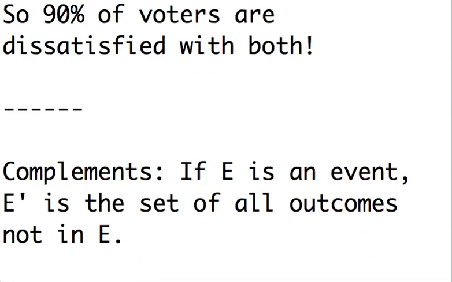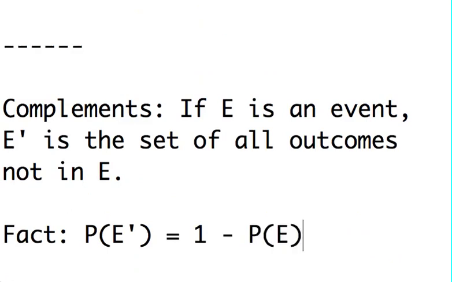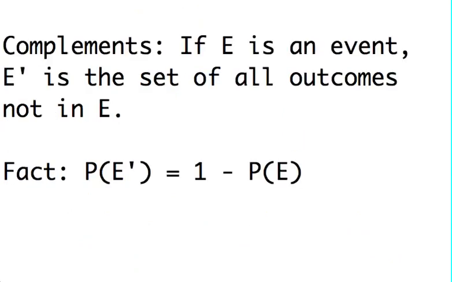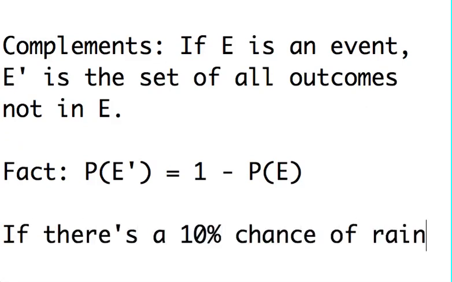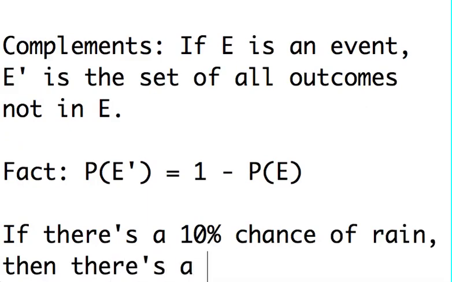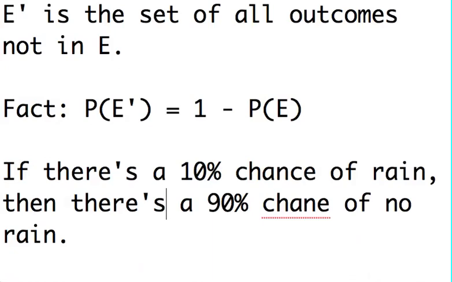Well, we have a nice simple fact here. The probability of a complement is just 1 minus the probability of the event. This makes intuitive sense. If there's a 10% chance of rain, then there's a 90% chance of no rain. I don't have to tell you that. That seems pretty intuitive.